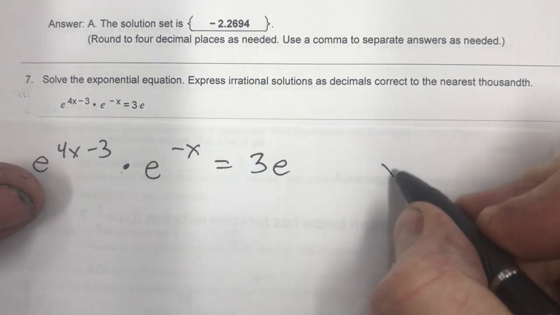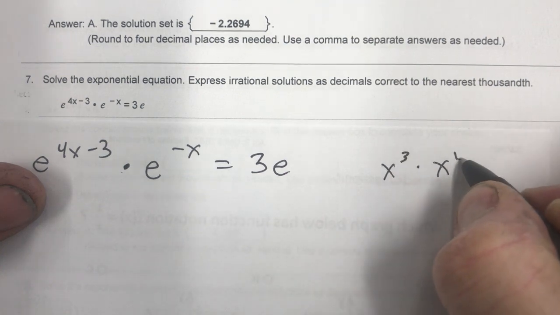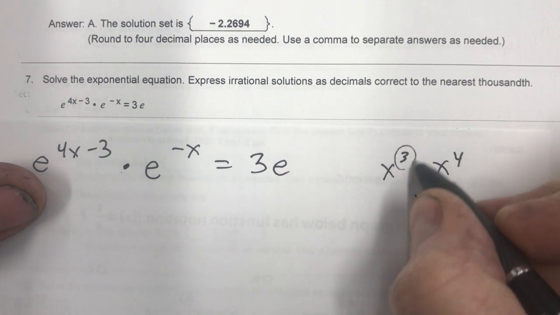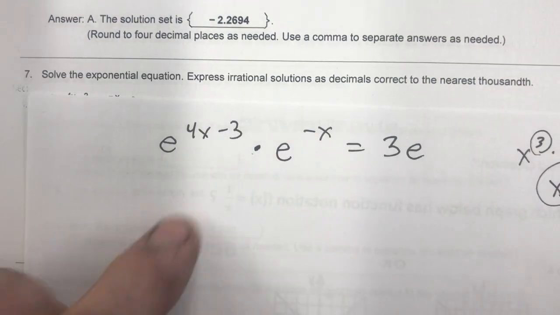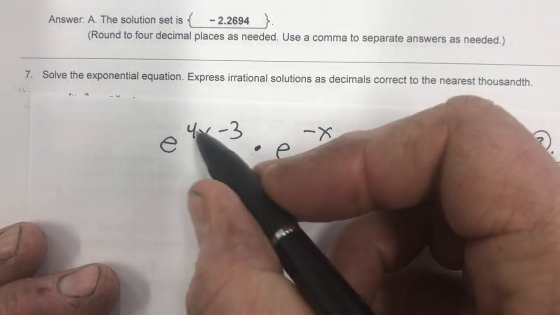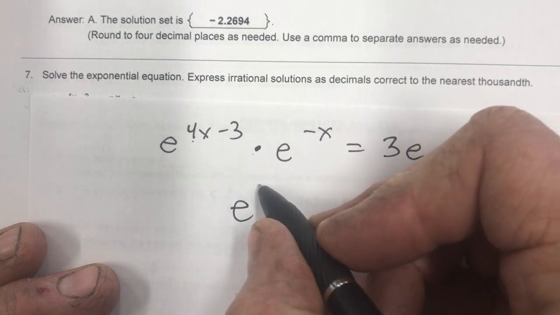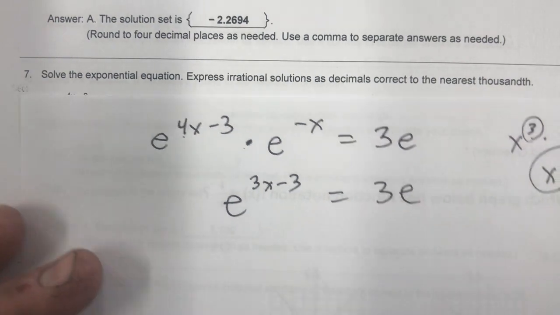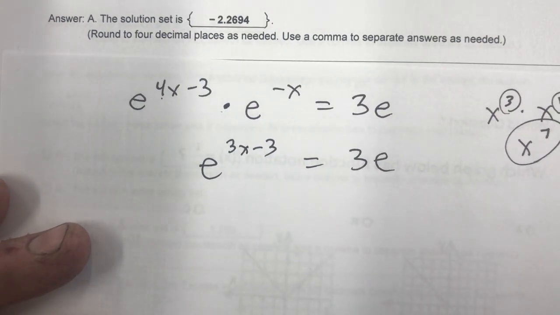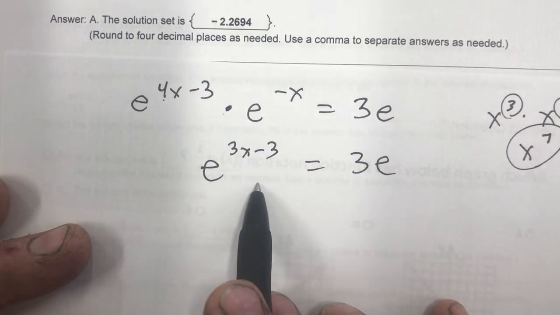Like x to the 3rd times x to the 4th is x to the 7. You just add these up. Well, that's what I need to do here. And if I add them up, 4x plus negative x would be 3x. So I combine them together by adding the exponents.